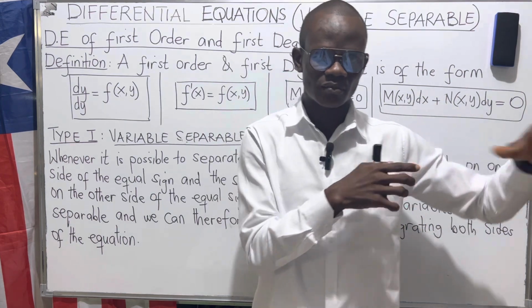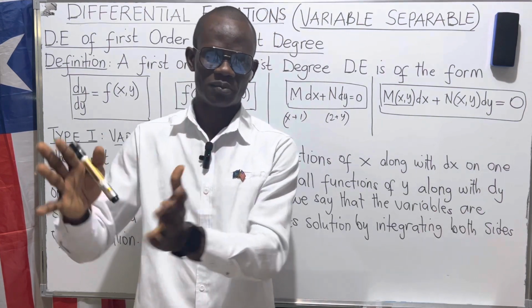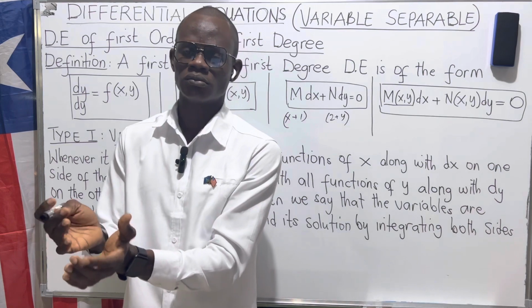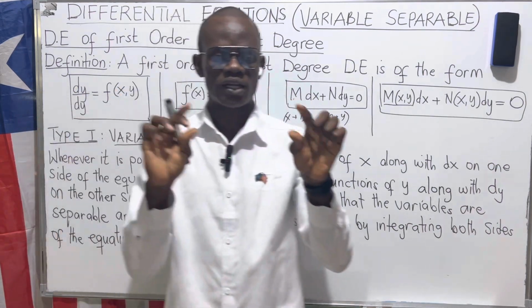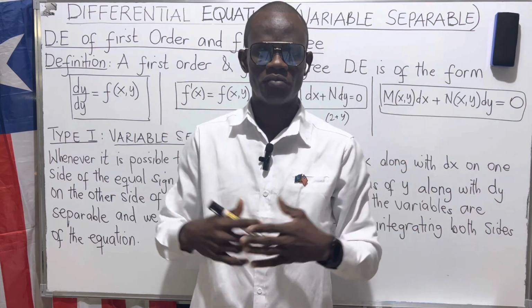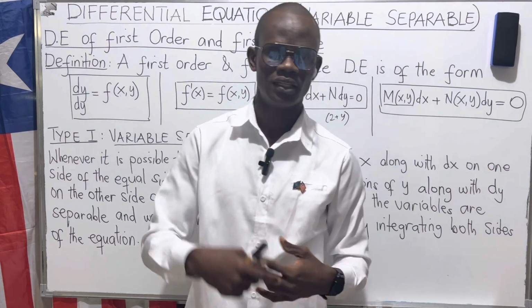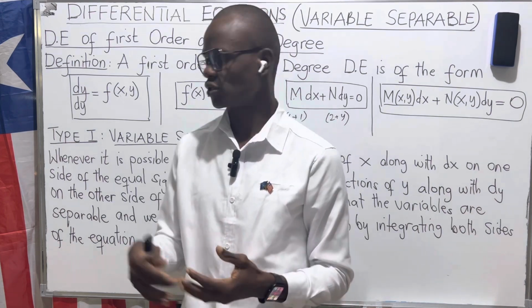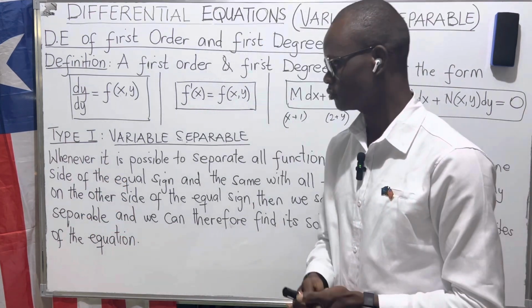And when the functions in y are all separated, the derivative notation dy is attached to it. So when it can be separated in such a form, it means you can apply separation of variables to integrate that, or to solve that differential equation.